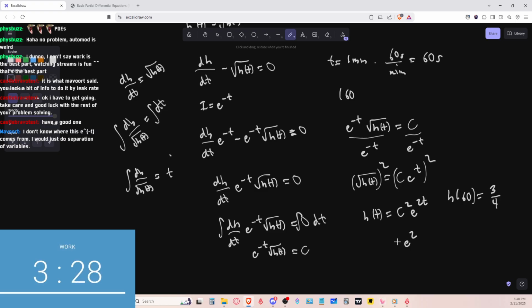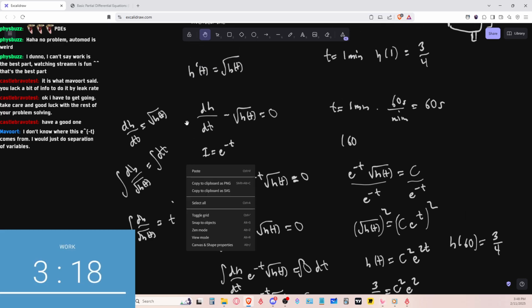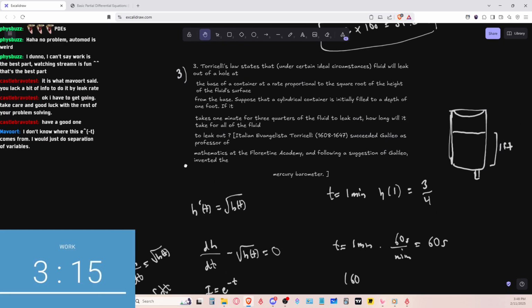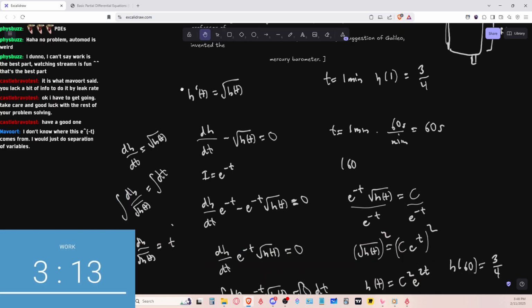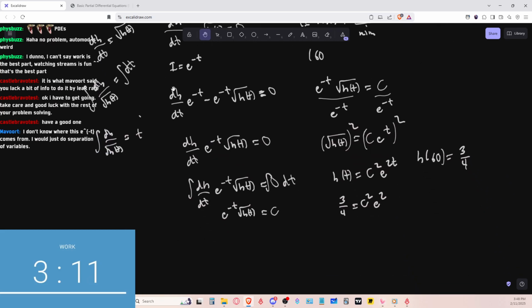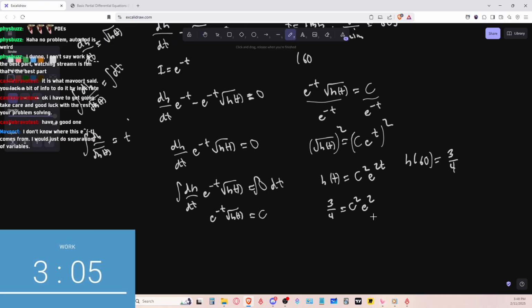We just have to figure out what C is, because it said it takes 1 minute for 3/4, so we'll leave the time at 1 minute. And then we figure out what C is. So divide that by 2.